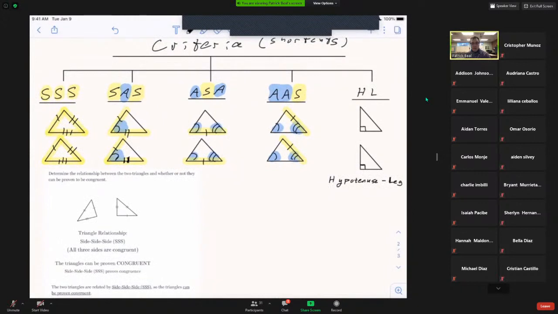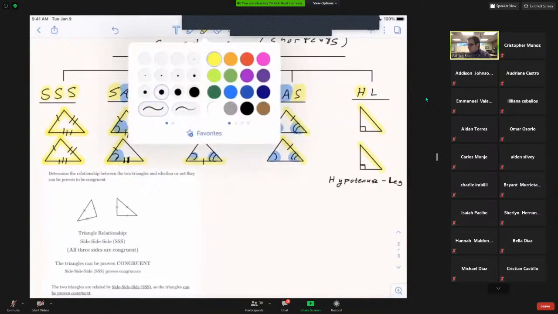So the hypotenuse is the longest side of the triangle. That's going to be like this side here. It's always across from the 90-degree angle. And then the other sides are both called legs, and it doesn't matter which one you get.